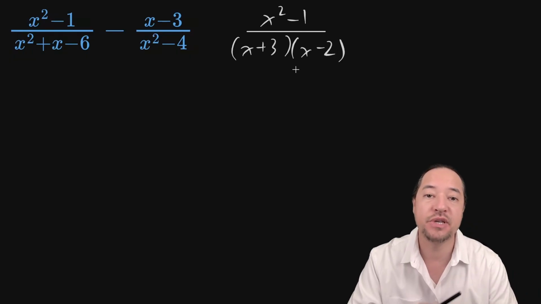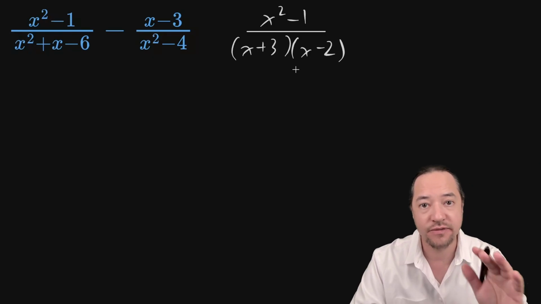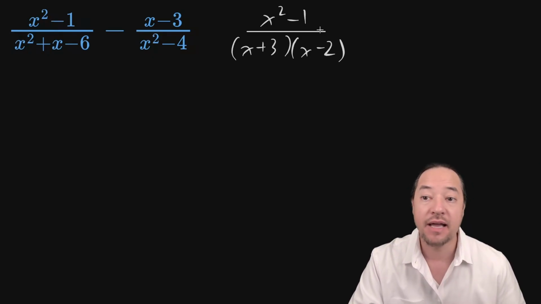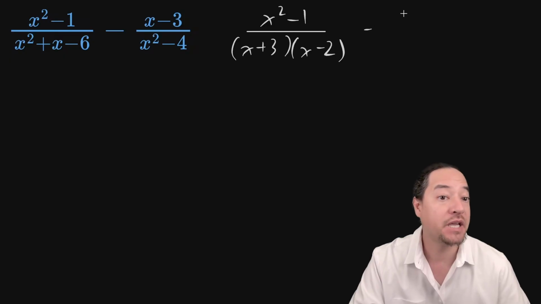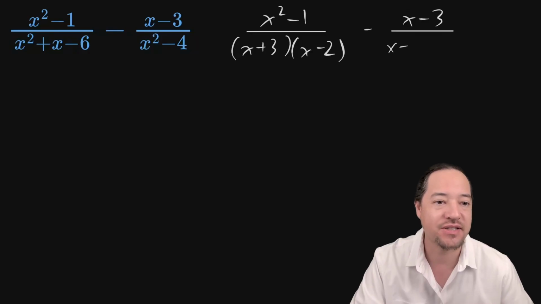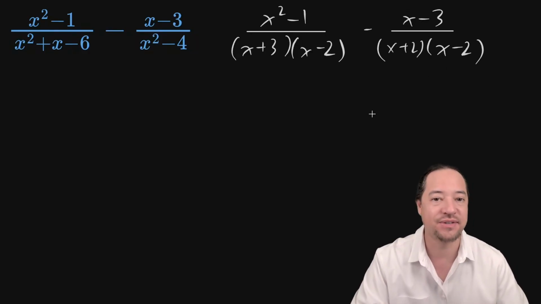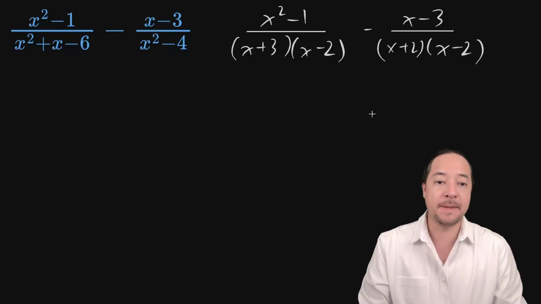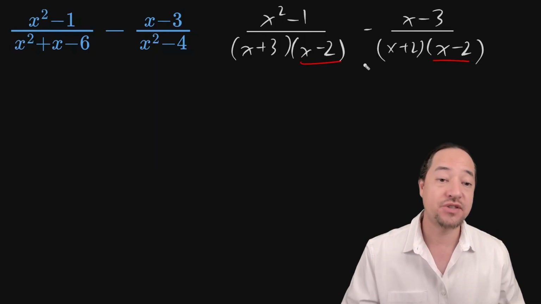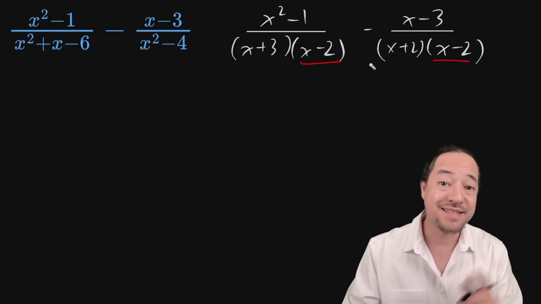And so that's going to become my factorization here, right? So we've learned how to factor these kinds of quadratics. And for the second expression here, I'll have an x minus 3 over, and this is the difference of two squares, right? So I'll have an x plus 2 multiplied by an x minus 2. Okay, so we can see right away that these denominators already share this x minus 2 term, so that's good, but the other one is missing, right?